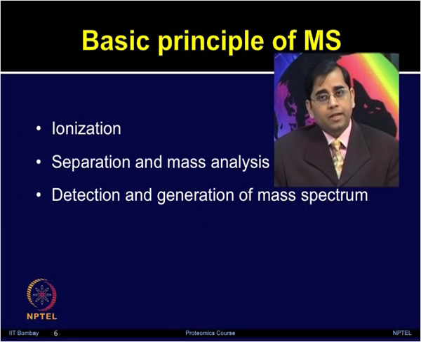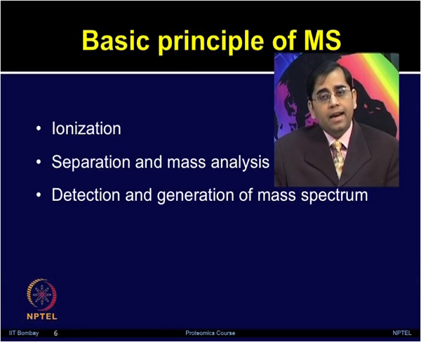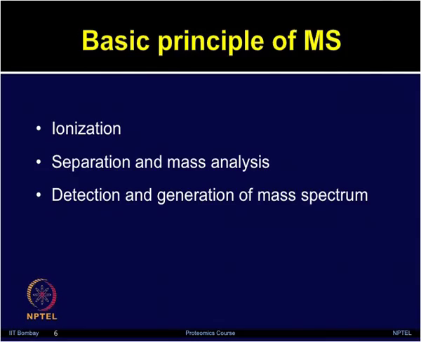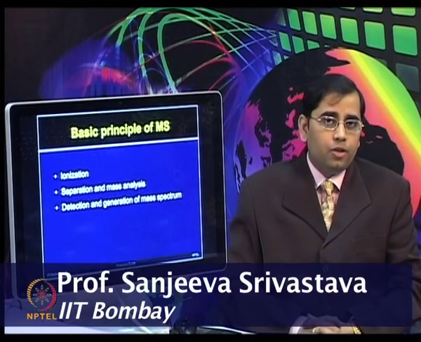Now, what is the basic principle of mass spectrometry? The first step is ionization, to convert analyte molecules or atoms into gas phase ionic species. It removes or adds electrons or protons.